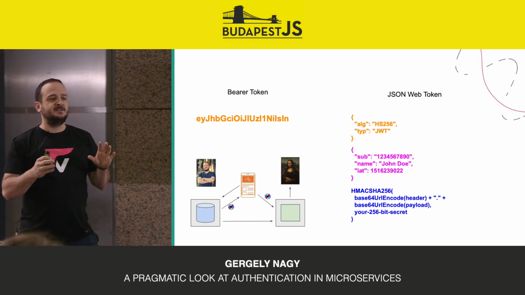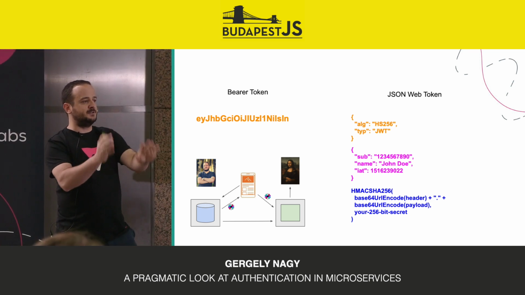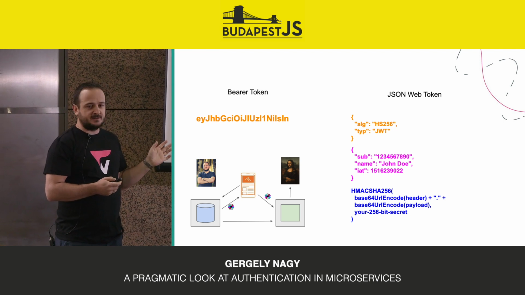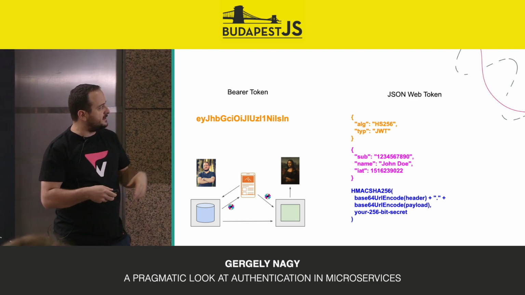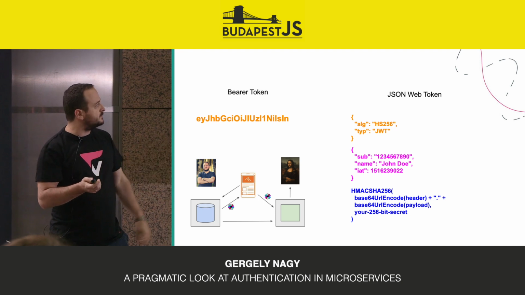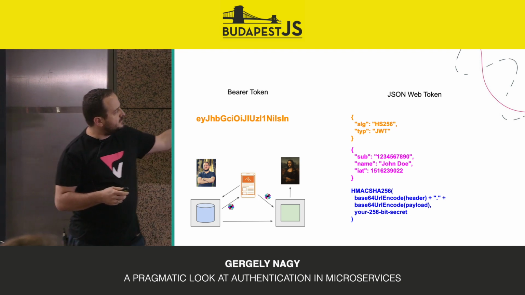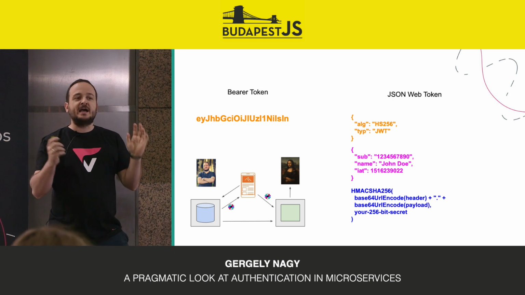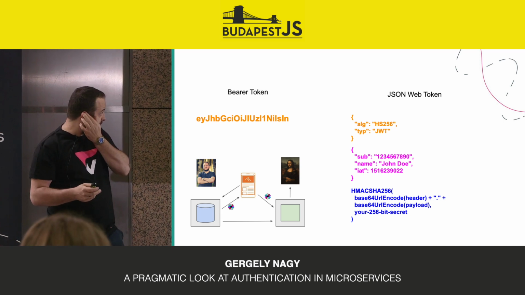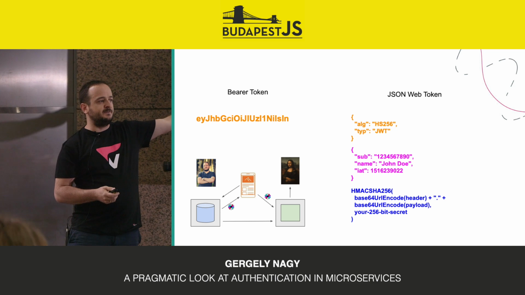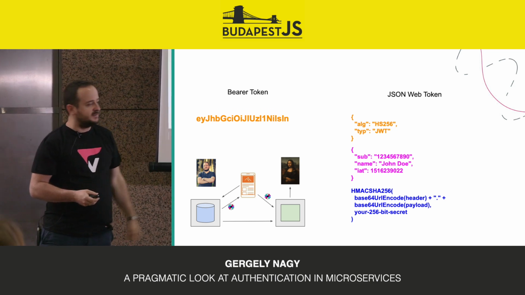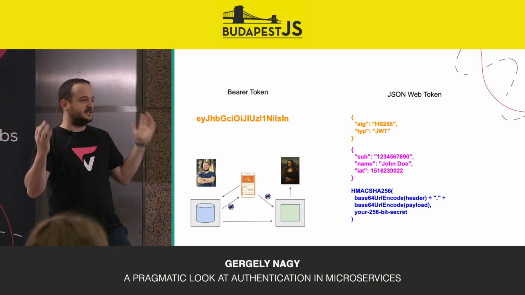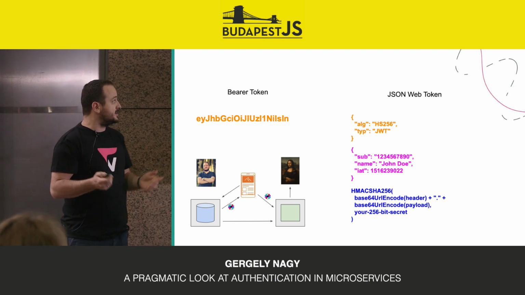So you can ship some data in your token down to your services. And the JWT standard defines some standard fields, like the subject, who the token is for, and IAT, a timestamp of when the token was issued. There could be an expiry date, there could be a number of other standard fields, or you could even add your own fields into the token.